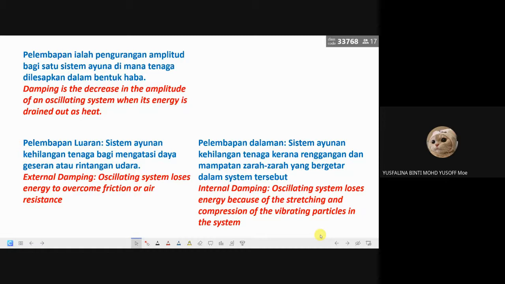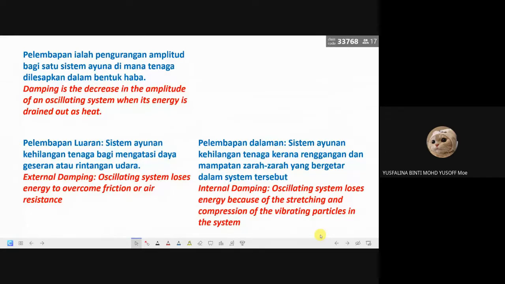The external damping means the energy loss is due to external conditions, let's say from the air friction, from the surrounding. The oscillating system loses energy to overcome friction or air friction. That comes from the surrounding, so that's why we call it external.